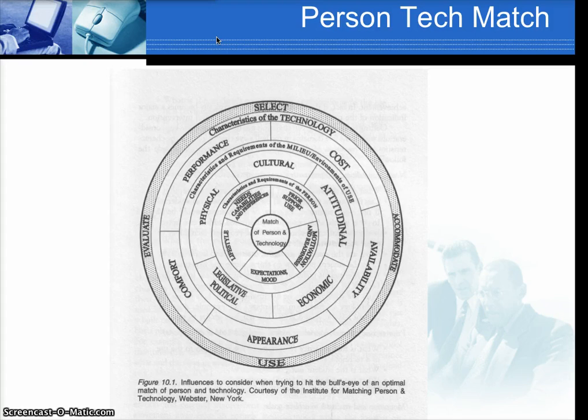The availability of the device. In North America, we're kind of blessed that we have a lot of opportunities. In other countries, they don't have the availability and selection that we have. The appearance, it might be a bright orange color, and the student might not want to scream out, "I have a disability, so I don't want to use this."